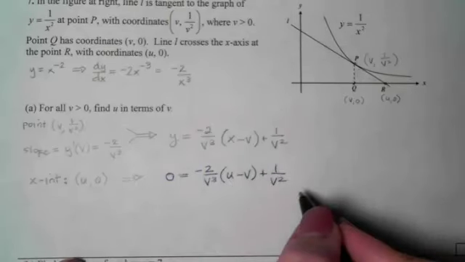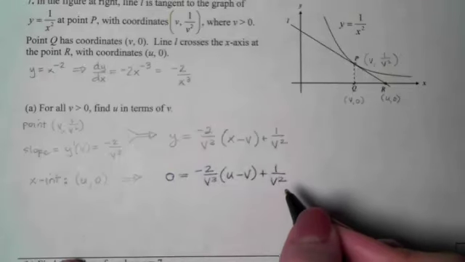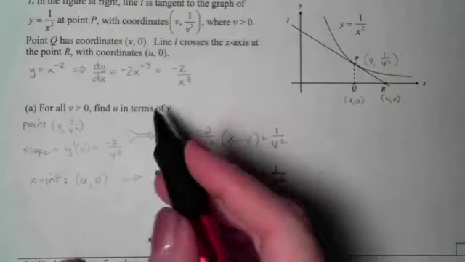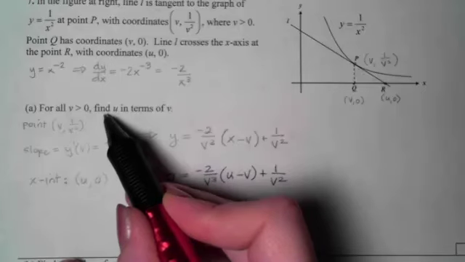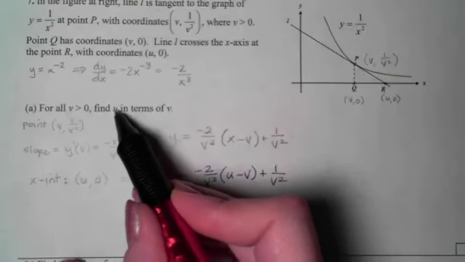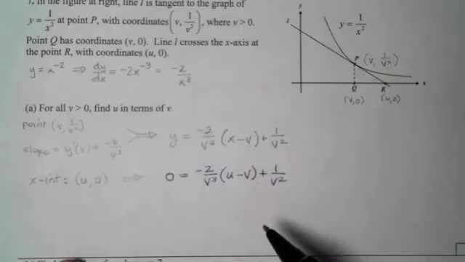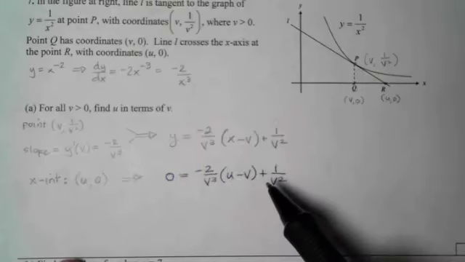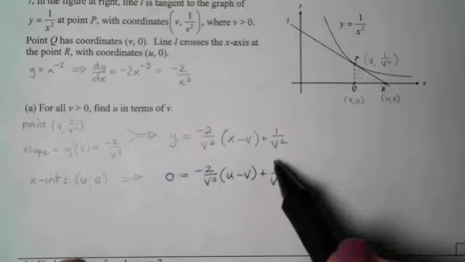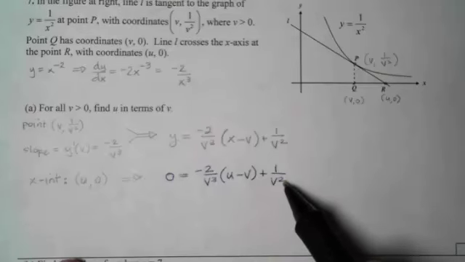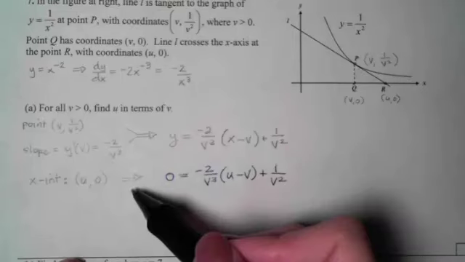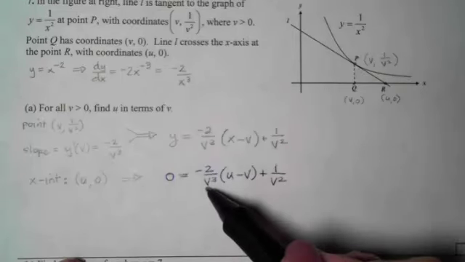Looking at this right now, we have an equation that involves u and v, which is great. But we want to get u in terms of v, so that's telling us to isolate the u. Looking at this, I see a lot of errors algebraically trying to isolate u. The simplest way to deal with this is to multiply the entire equation by v cubed.